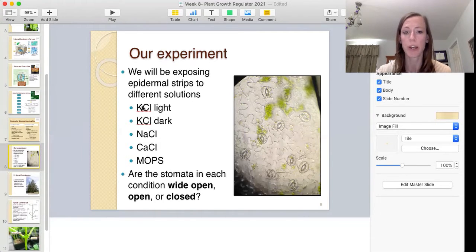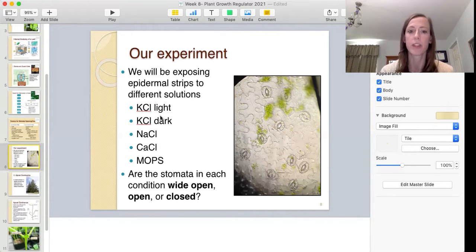And then I'll just point out, and I want you to think about a little bit, the fact that chloride is involved in each of these solutions. It will be present in all of the ones that we test. So give a little thought to what effect chloride could be having as we analyze our results.